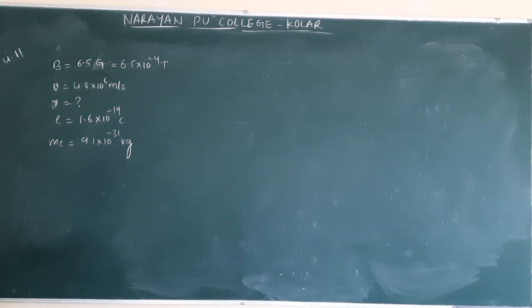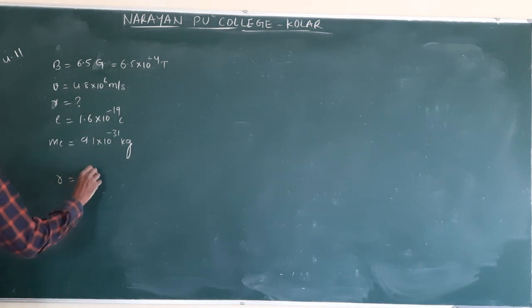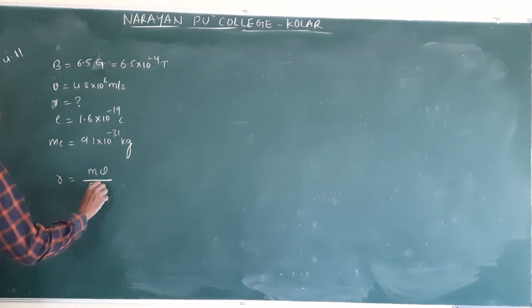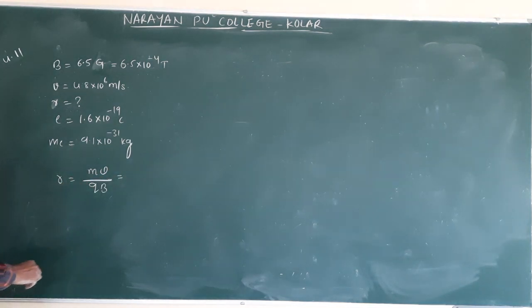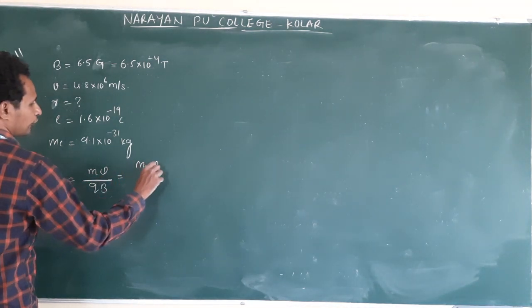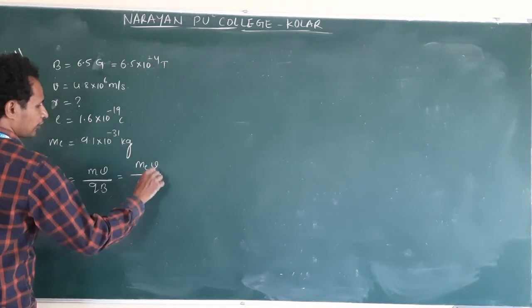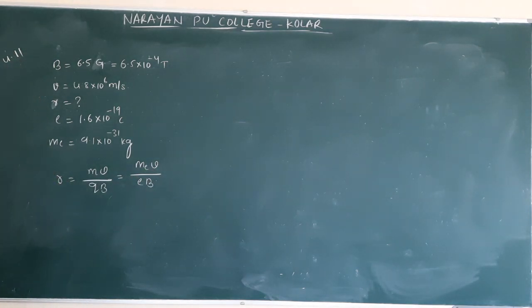R is equal to, as we have already studied, m v by q B. But here we have taken an electron, so R is equal to m e v by e B. Substitute the values.